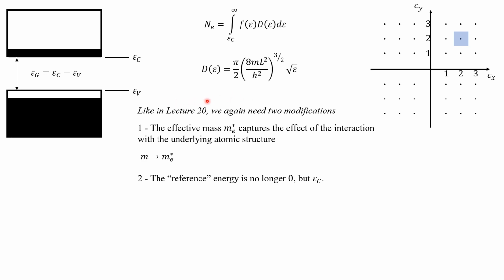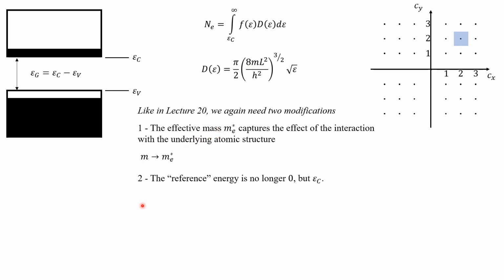Now recall from the previous lecture that we need to do two modifications to connect the ideal electron gas with the gas of electrons in the conduction band. One modification is to replace the mass with the effective mass to take into account interaction with the atomic structure. So that's very straightforward. We just replace this term with the effective mass.